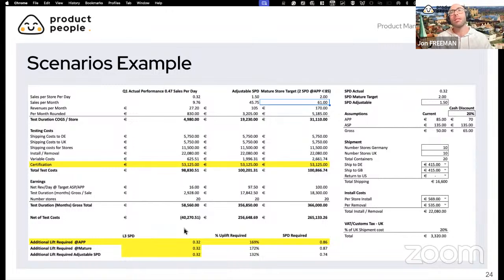In this one, I know it's not as clear on this slide, but if you look down at the bottom, the net cost for this particular concept, in scenario one, we're not going to make any money. We're actually going to lose some money. But in scenarios 2 and 3, which you can argue are more likely based on the data you have, we're actually going to make some money.